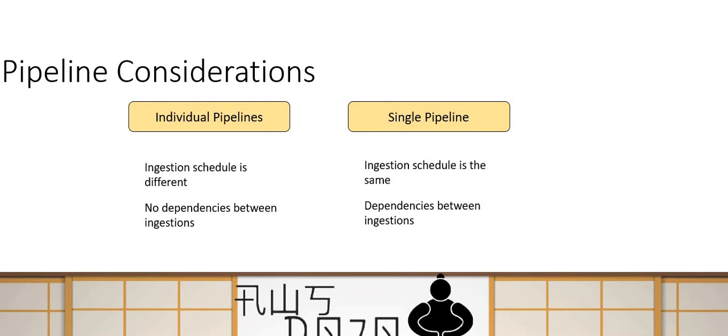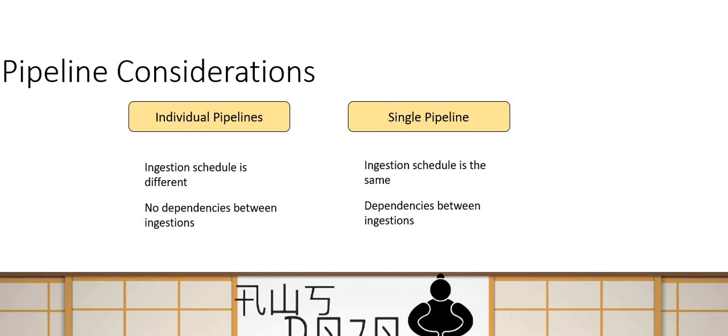Because when I say pipeline, it's like a workflow, right? In a workflow, you can set up dependencies between activities. So if you have dependency between ingestion of different tables, some kind of sequence you have to maintain, it's easy to maintain in a single pipeline. In multiple or individual pipelines, you can do that, but it's a little challenging. I have not seen dependency being such a big thing, especially when ingesting data.